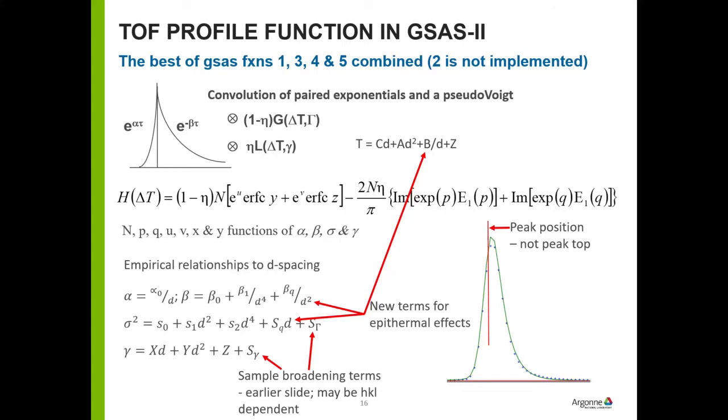Those things assume that the peak position is at the peak top, and that's actually a false position. Don't use those functions. Even if they're tempting, don't use them. Use the proper function for the description because it will give you the correct peak position. And why is this important? If you want accurate lattice parameters, use this function, basically.